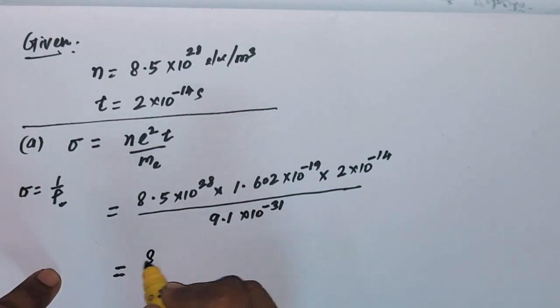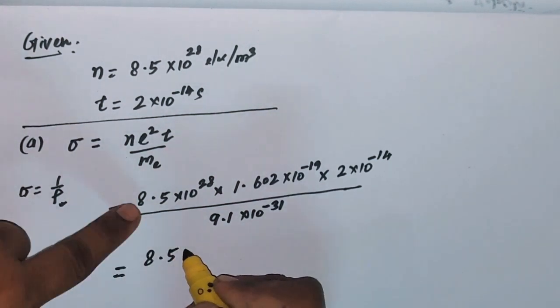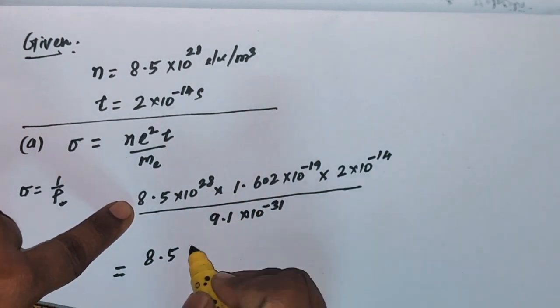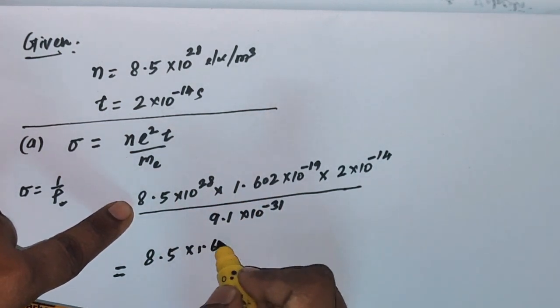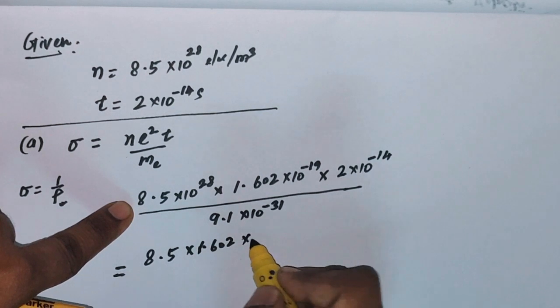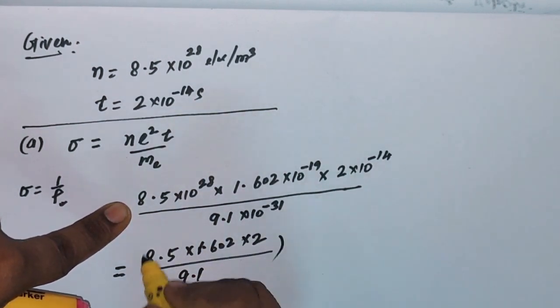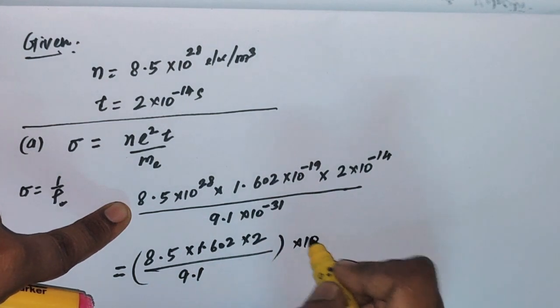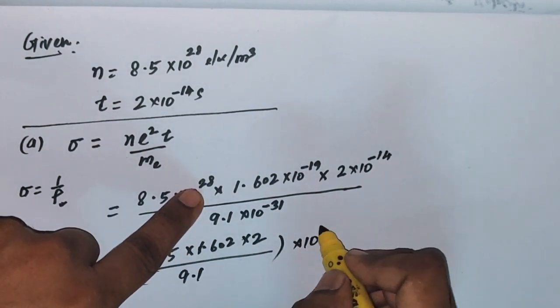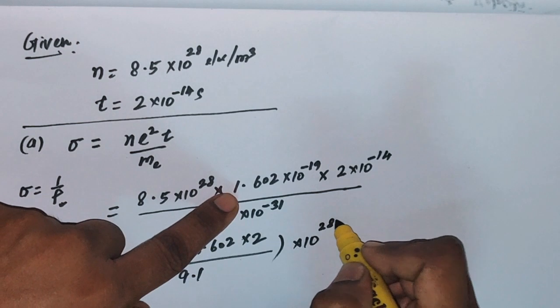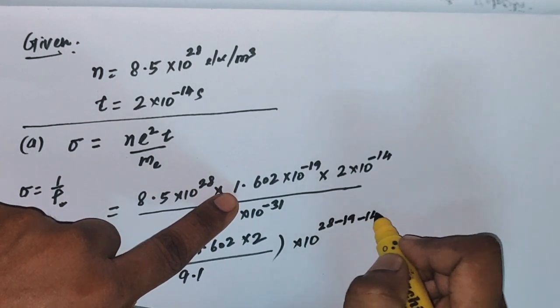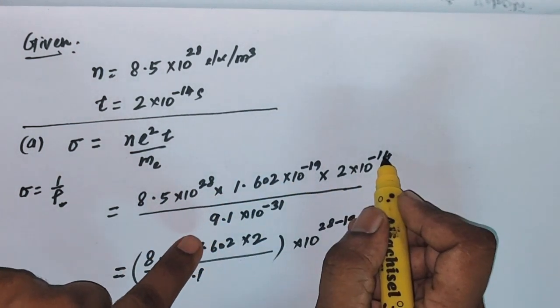First we collect the numbers: 8.5 into 1.602 into 2 divided by 9.1, times 10 power 28 minus 19 minus 14 in the numerator.